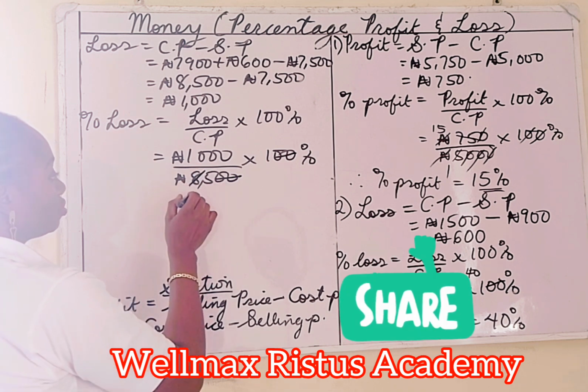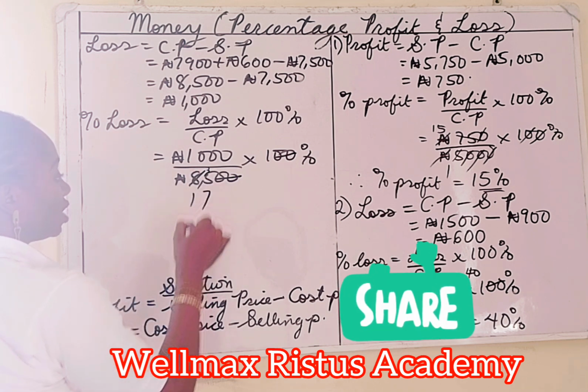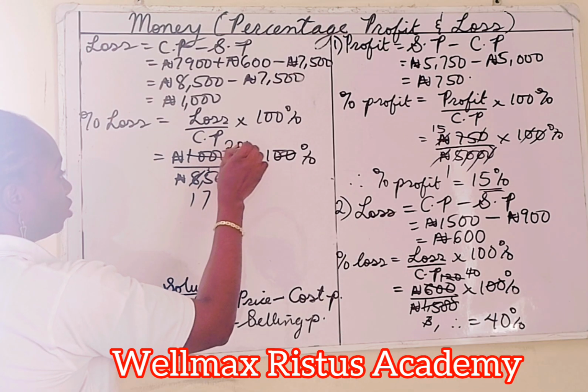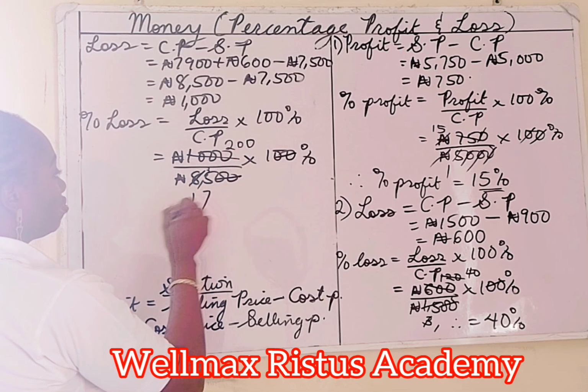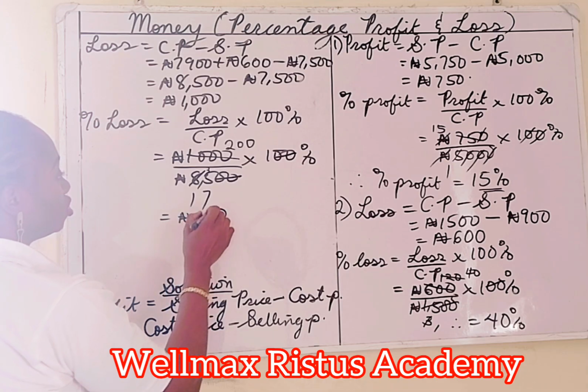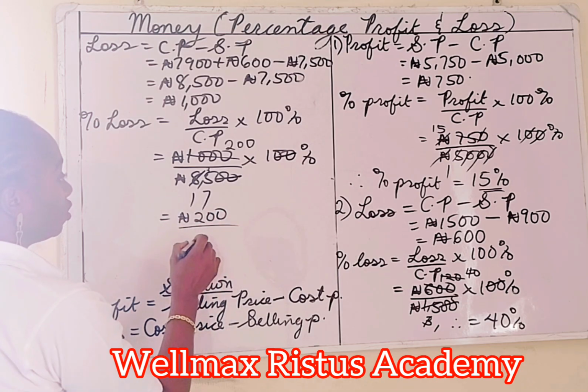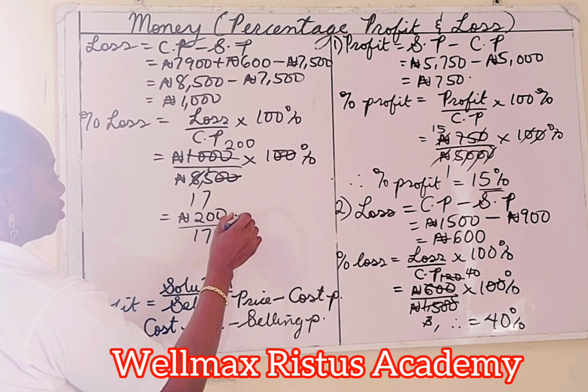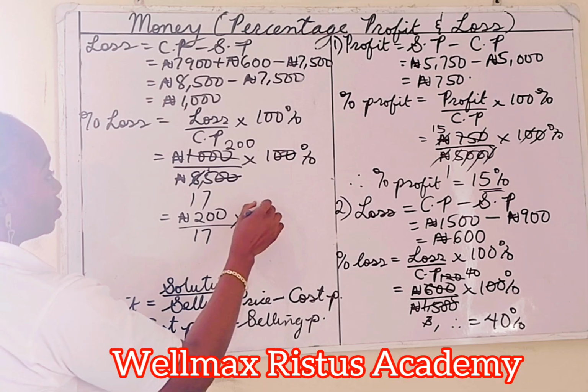5 here, 1, 17. 5 here, 200. So we have what? 200 over 17 times 1%.